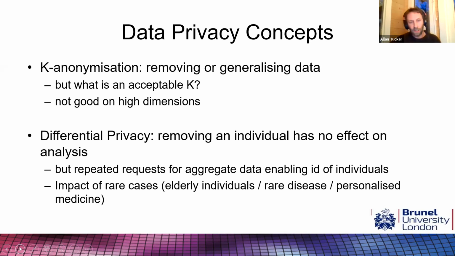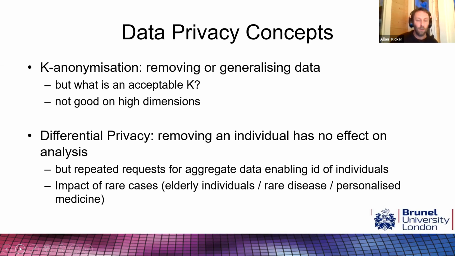And she also highlighted the risks of repeatedly requesting aggregate data, and specialist algorithms and hackers who can actually do this. It's been proven that you can still identify individuals from those multiple requests of data. But also the impacts of rare cases, which have been highlighted a little bit. I think this is really important for synthetic data as well.